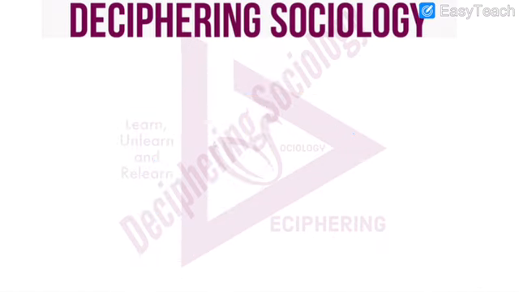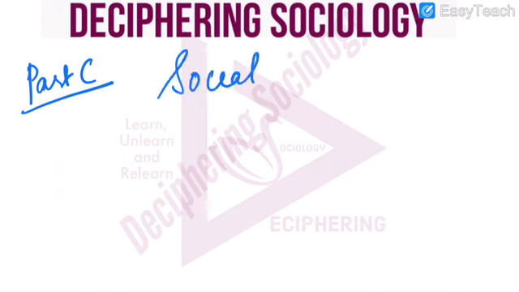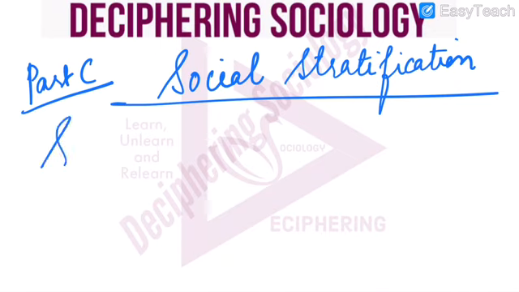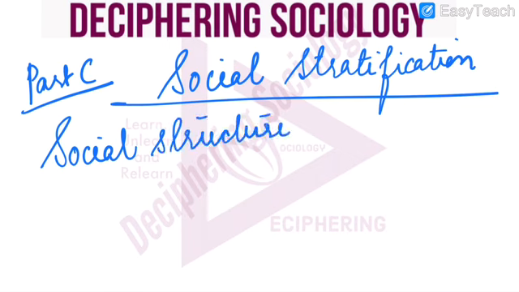In the next part, we have to study social stratification. Social stratification tells us that society is made up of a certain social structure. Just like a building has a structure, it is built up of bricks and mortar.